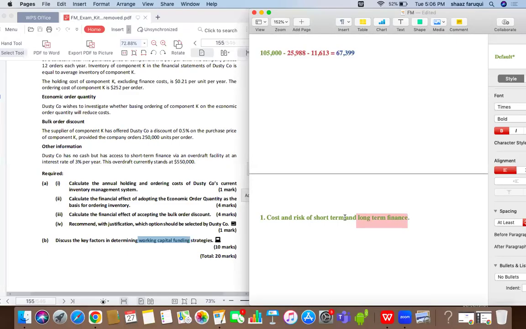In short-term funding, like a payable or a bank overdraft, whenever they call us and ask us to pay, we have to pay. So there are risks associated with short-term finance that may not be there in long-term finance. And also remember, different funding itself has certain costs and certain benefits.